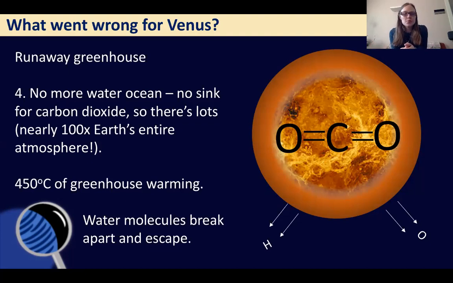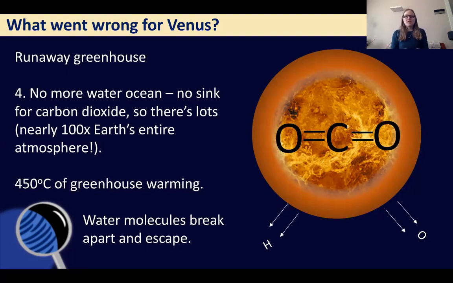And so instead of water in your atmosphere, you now have all of that carbon dioxide that might have been trapped in the ocean that's released into the atmosphere. So you have 450 degrees of greenhouse warming because you have an atmosphere that's made of nearly 100 times as much as Earth's entire atmosphere, but just carbon dioxide.